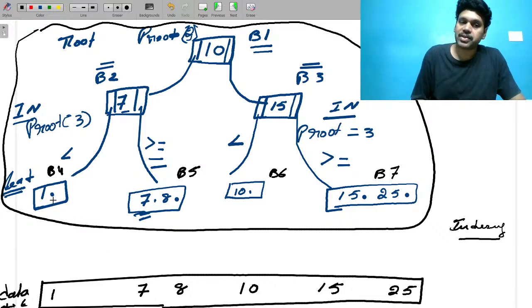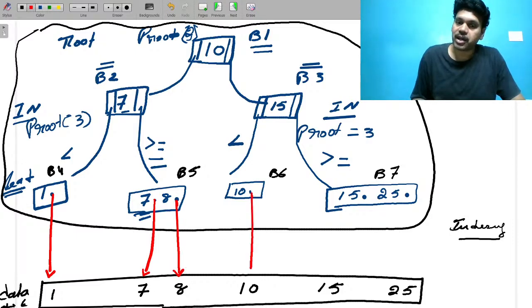Therefore, my dear friends, record pointers are available only at the leaf node as I told you. Therefore, the record pointer is used to retrieve your data. So record pointer is here, and here, and here, here and here.